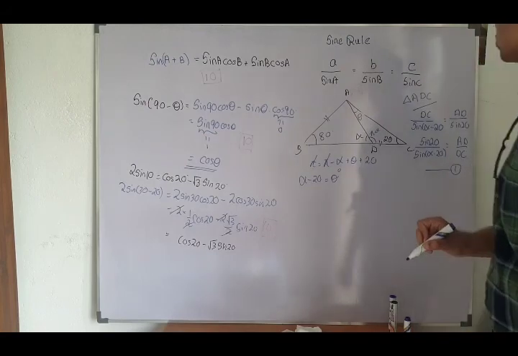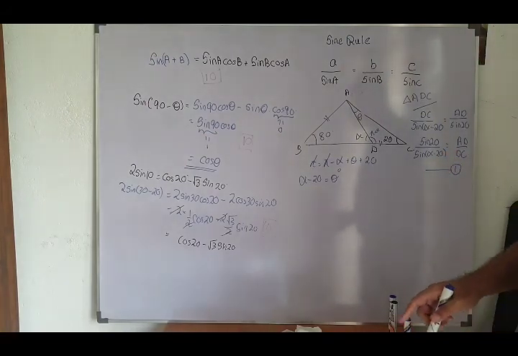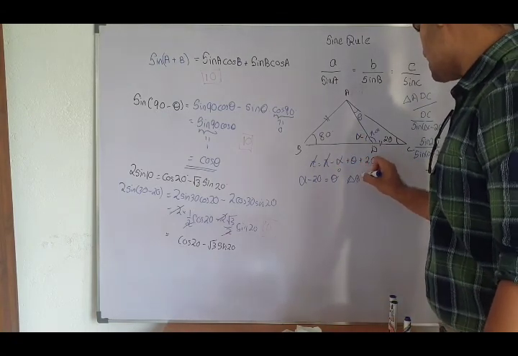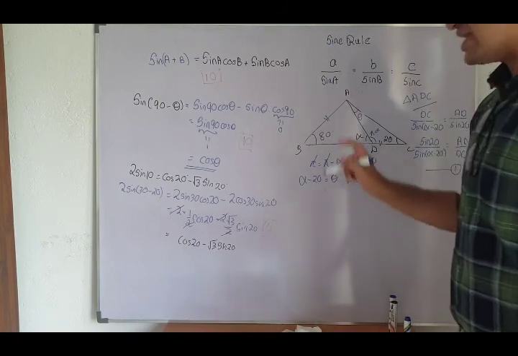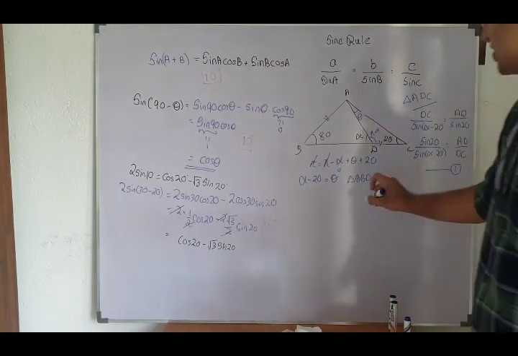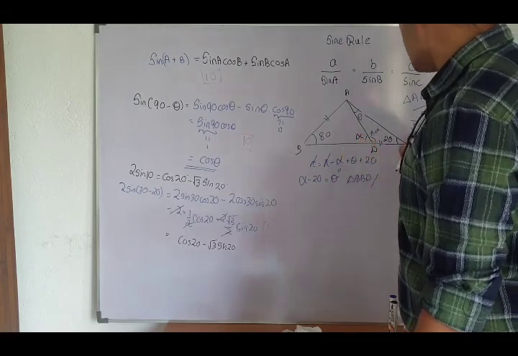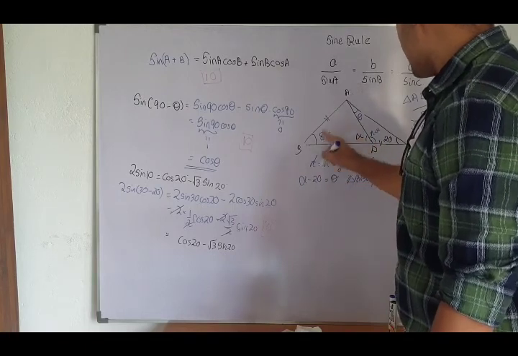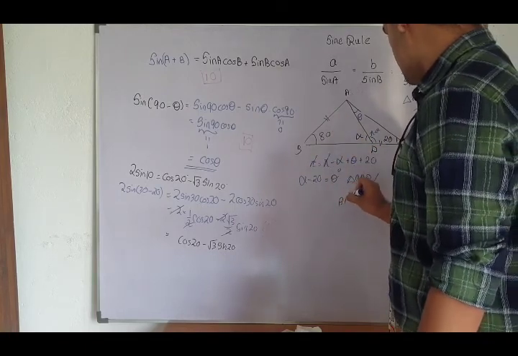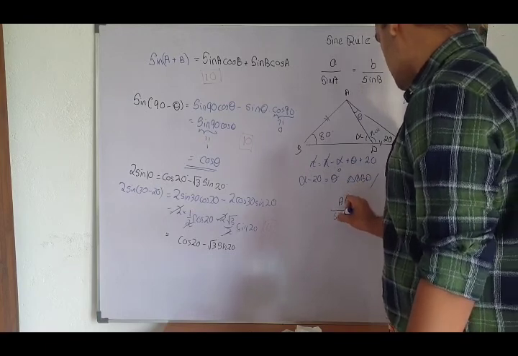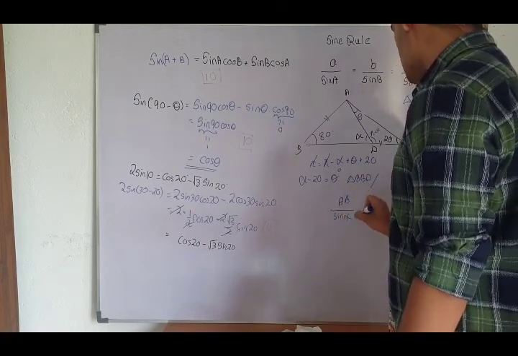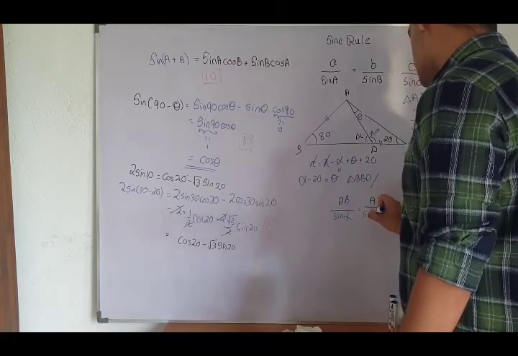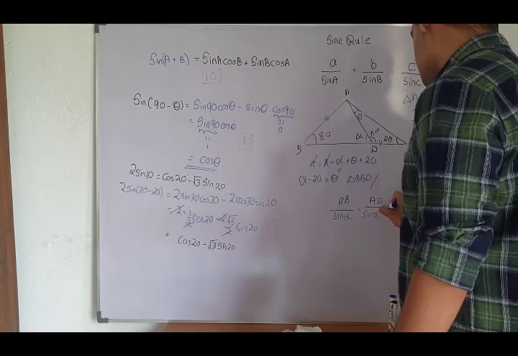This is equation 1. Now to prove the other side, we should use triangle ABD. Make the sine rule. If we choose the common side first, that's AB, over sine alpha is equal to AD times sine 80.